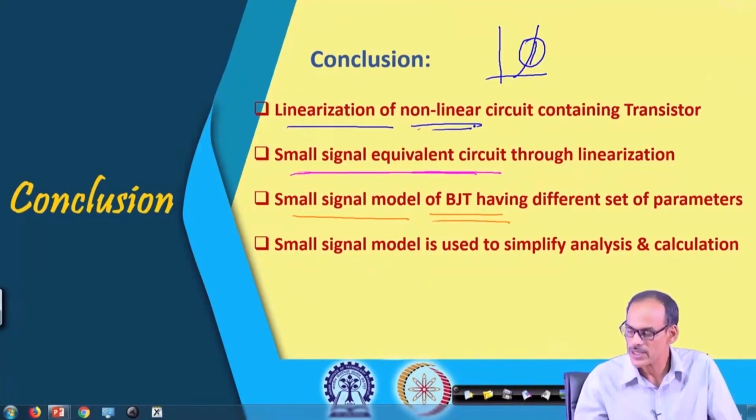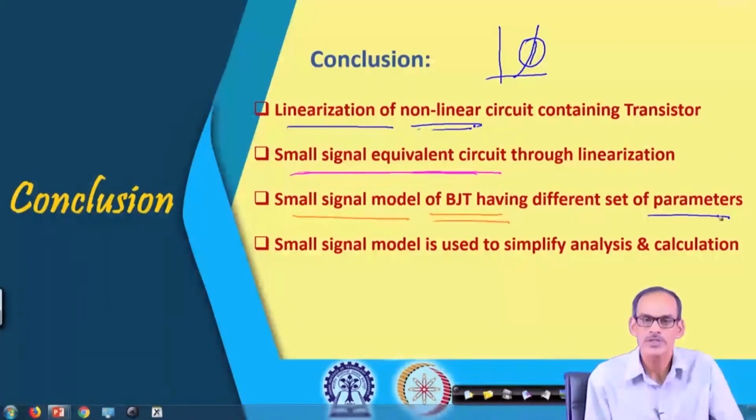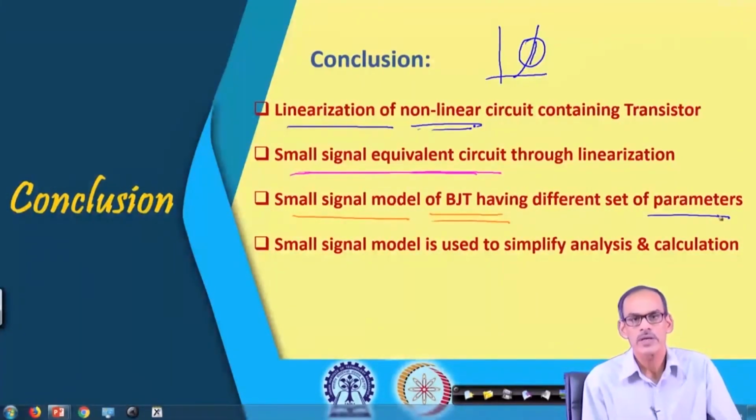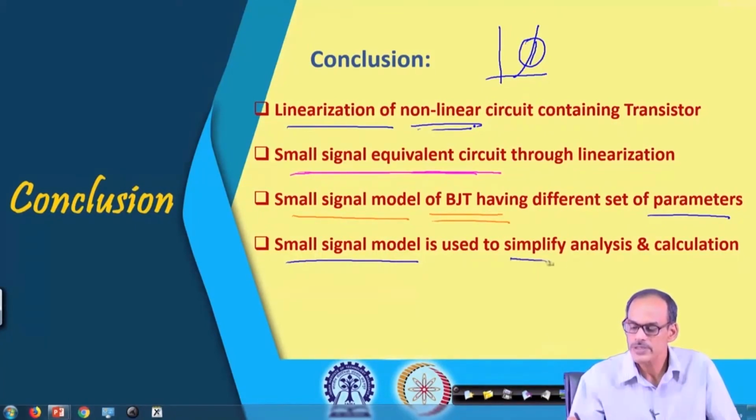That simplifies the analysis. So, of course, to get the model parameters, we have seen the model parameters depend on the operating point. So, it is having a different set of parameters, but once we get the values of those parameters, and if we know that the quiescent point is not changing, then we can make use of those parameter values, and then the small signal model of the BJT or small signal equivalent circuit of the complete circuit will basically simplify the analysis and calculation.